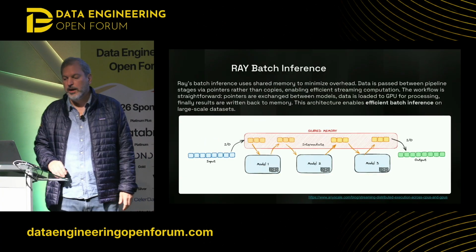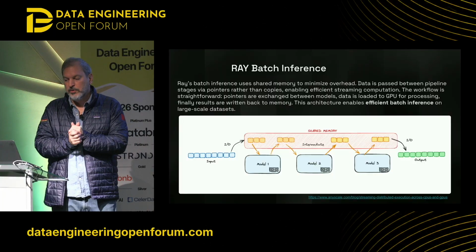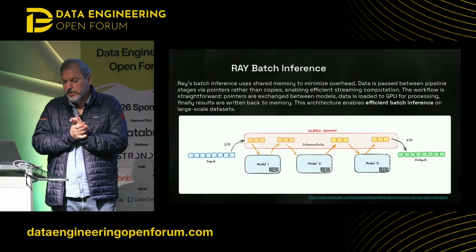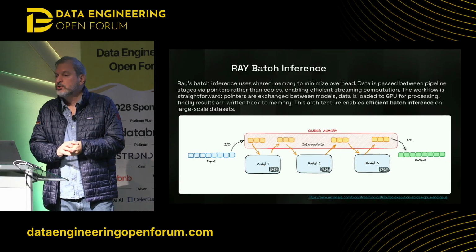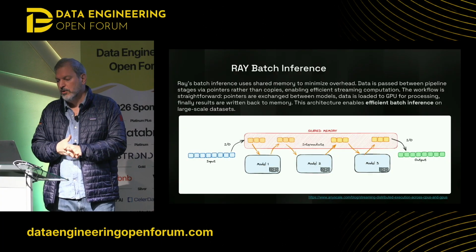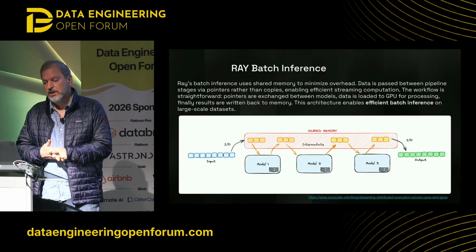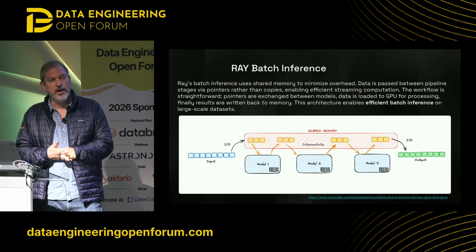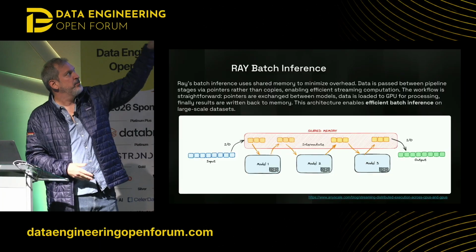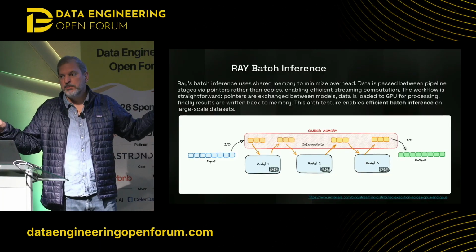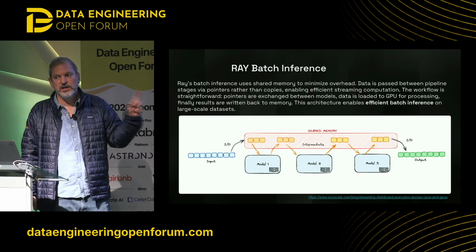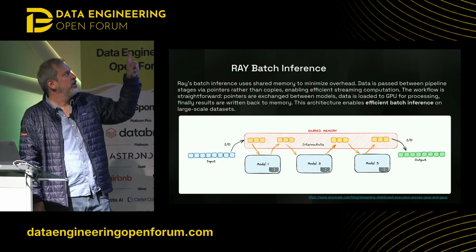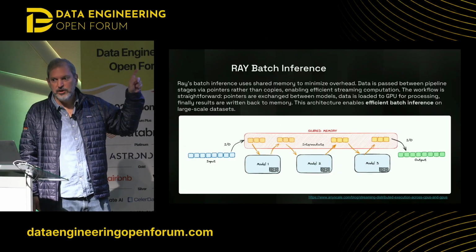Ray Data, Ray is a framework that came from one of the Berkeley labs, comes with an elegant solution for this, which I call Ray batch inference, which uses shared memory. Shared memory is a memory that you share among many machines. Here you have a thread that reads a portion of the data into memory, and that memory location is shared via pointer.